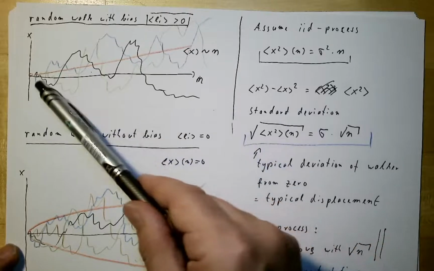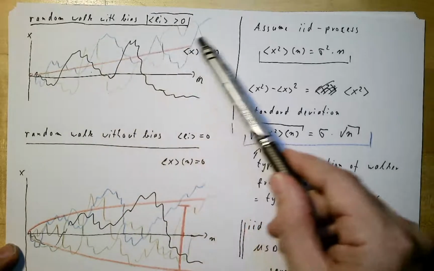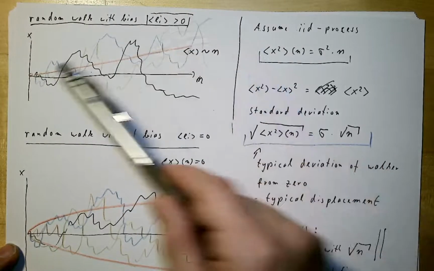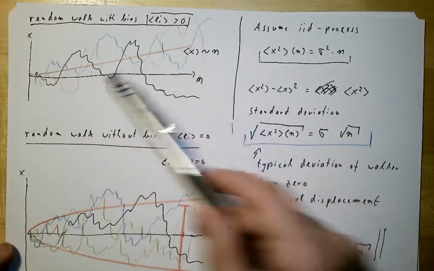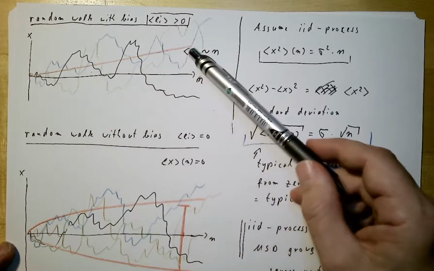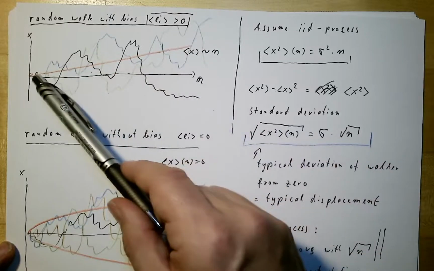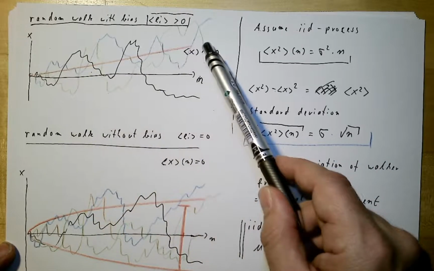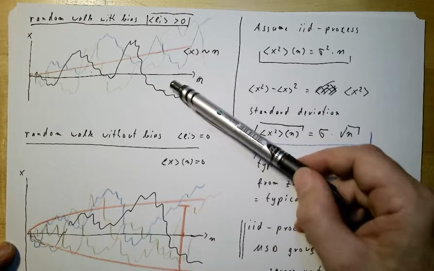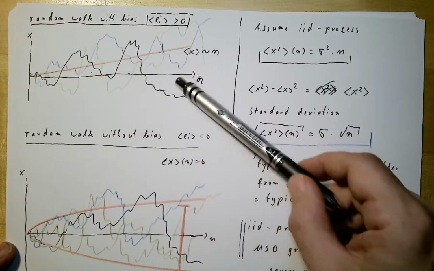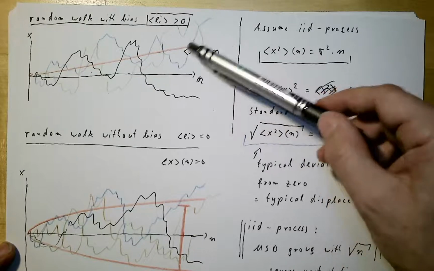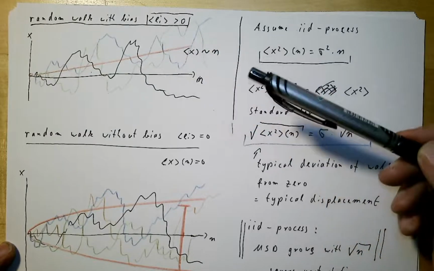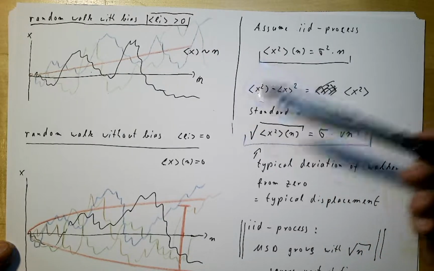A walk can be either biased, so the mean value is increasing linearly in time, or the walk can be non-biased. Biased walks you can basically always avoid, because we can go to a slowly moving coordinate system. So typically we can drop out the bias. If we know there's a bias, we go to a different coordinate system and just remove it.